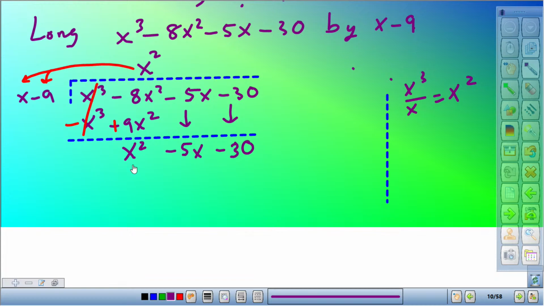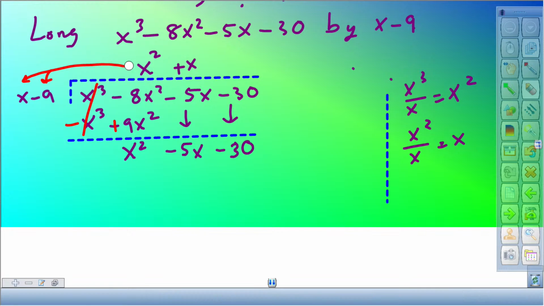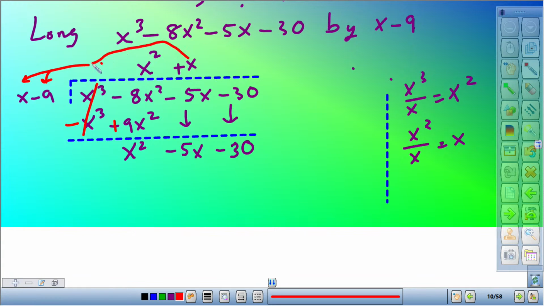I will take the x squared, which is the first term, divided by the first term again. So x squared divided by x equals x. I'm going to put the x here. And again I'm going to take that and multiply it backwards. So x times x is x squared. That's a negative 9x.